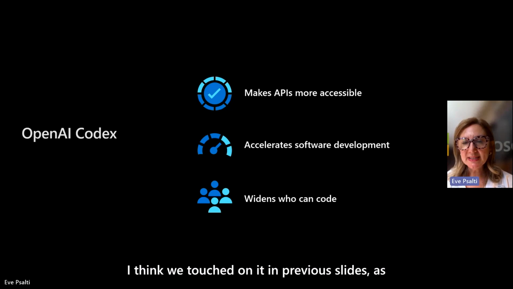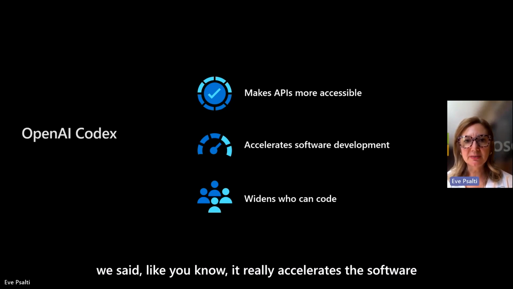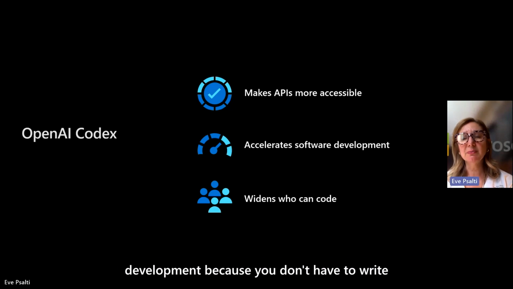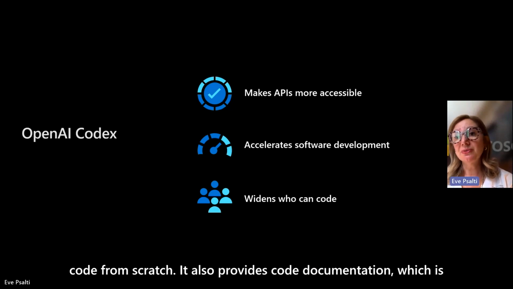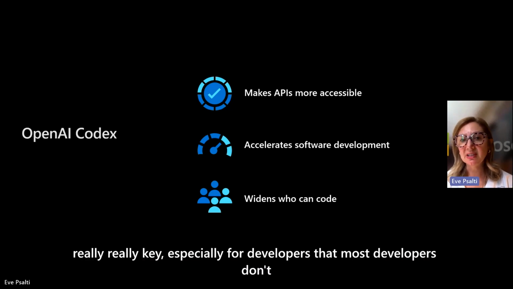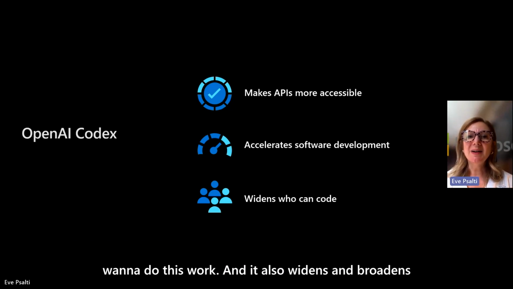So with Codex, I think we touched on it in previous slides. As we said, it really accelerates software development because you don't have to write code from scratch. It also provides code documentation, which is really key, especially since most developers don't want to do this work.